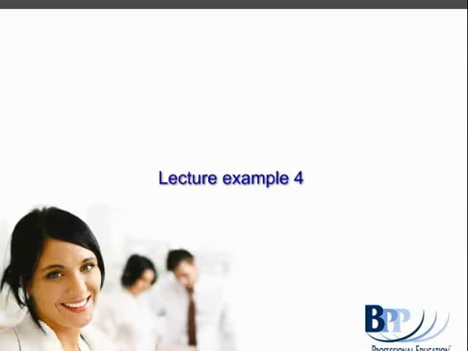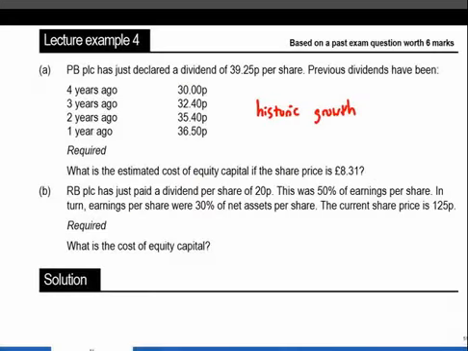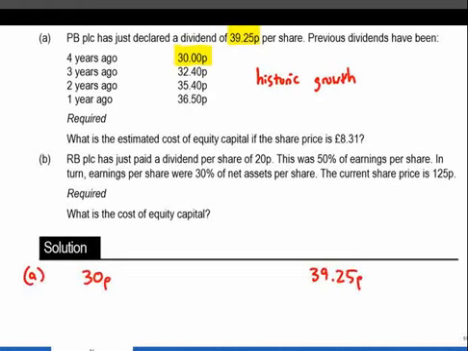In part A of the lecture example, we look at the historic growth technique. With this technique, you will typically take the latest dividend that's been paid and compare it to the earliest dividend that's been paid. Here, the earliest dividend was 4 years ago. We then need to work out how we've got from 30 pence to 39.25 pence.